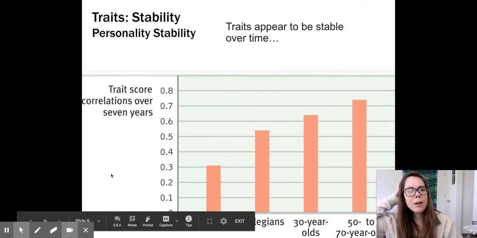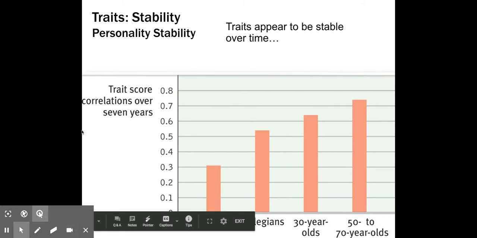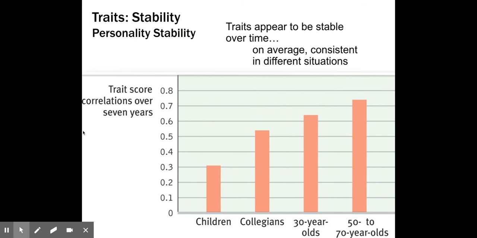So when we talk about trait stability over time, and let me move my little camera so you can see the full thing, what they find is that traits appear to stabilize over time.